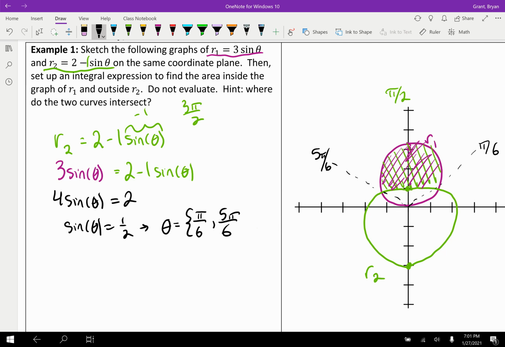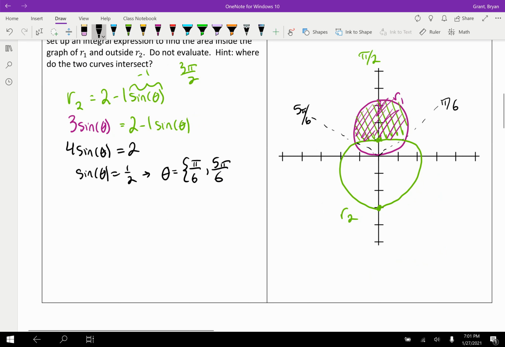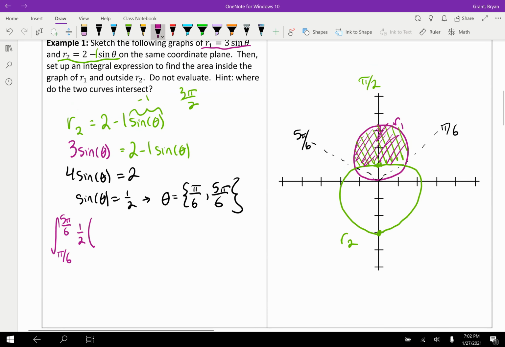Nice. Now, let's look at what happens if we treat each of these integrals separately. So for example, let's see what happens if we find just the area of R1 on that interval. So if I wanted to find the area of R1 from pi over 6 to 5 pi over 6, we would do 1/2 integral of our function for R1, 3 sine of theta, squared, d theta.